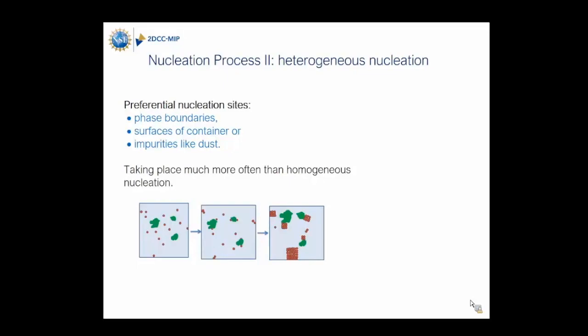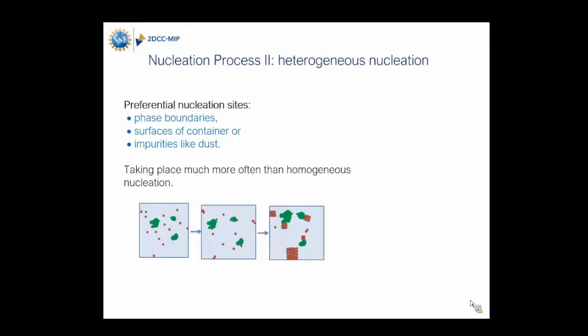When you have those, nucleation can happen much more easily. Of course, when you do solution growth, the solution has to be put into a container, so it always has a boundary. In some cases, a boundary could serve as a nucleation site. But if you have impurities, they can become preferential nucleation sites.